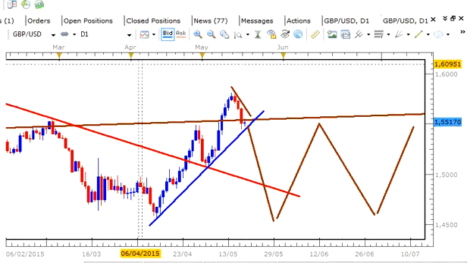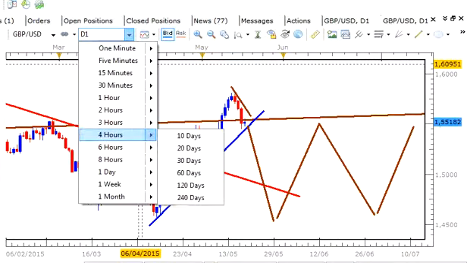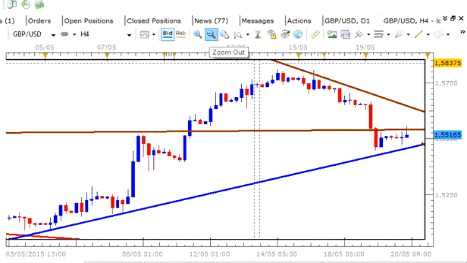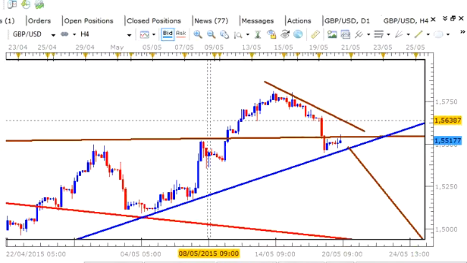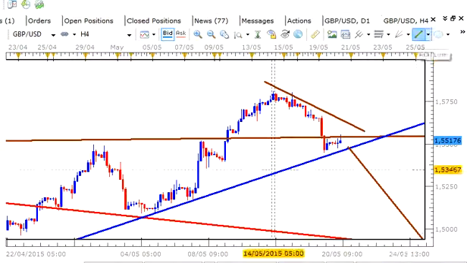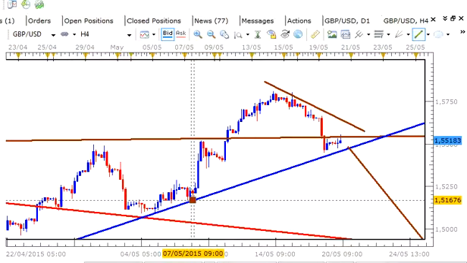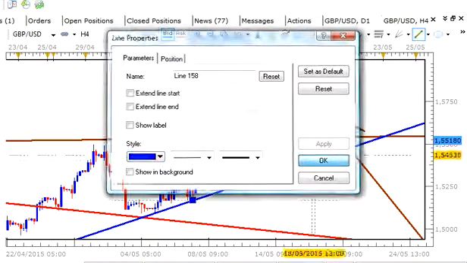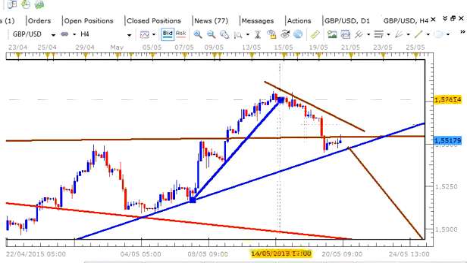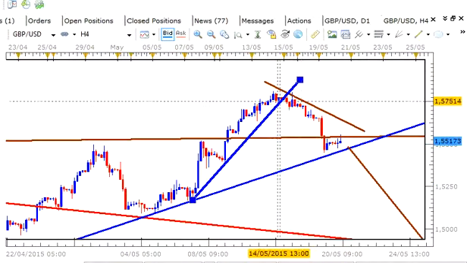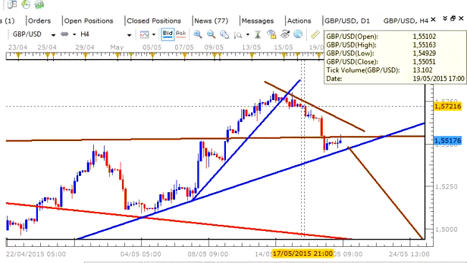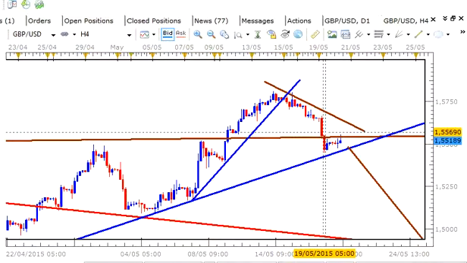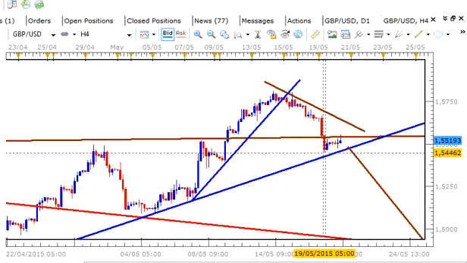So let's zoom in now on the 4-hour chart to see what has taken place over the last several days. Here we can see that there was an inner uptrend line formed at this area here, and what essentially took place was that in pulling back, the market broke this inner uptrend line, gave us a bearish signal to indicate that we would be moving back down to the outer uptrend line.